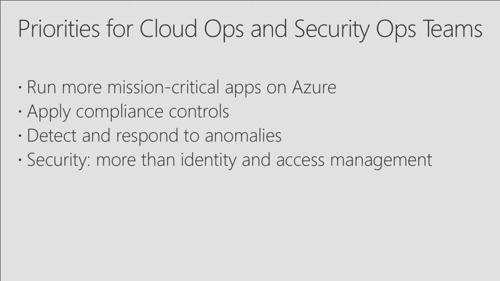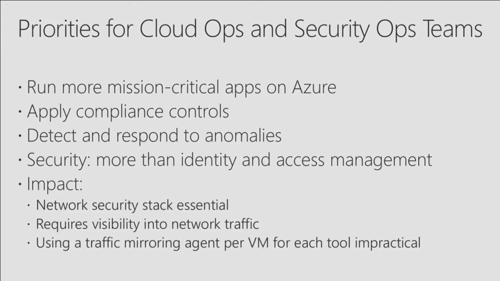It's also about visibility into that traffic, specifically around network security, right? What is the impact if you don't? A network security stack is essential. Malware protection is good, but what about detection and response as well? Packets never lie, right? The more you see, the more you secure your networks and your workloads as well.